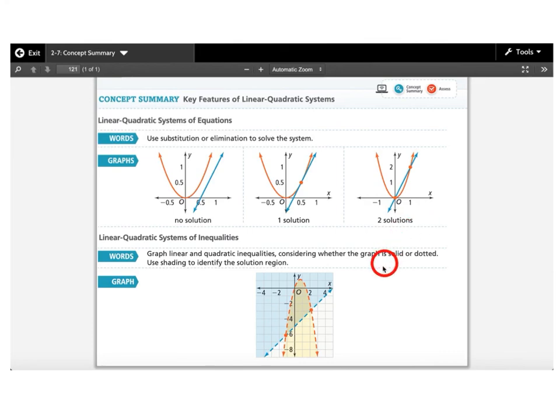Okay? For inequalities, as we just discussed, you solve for each one individually. You solve the quadratic inequality first, shade the necessary area that satisfies the condition. Then you do the same with the linear inequality. And then wherever they intersect is the portion that satisfies both functions.